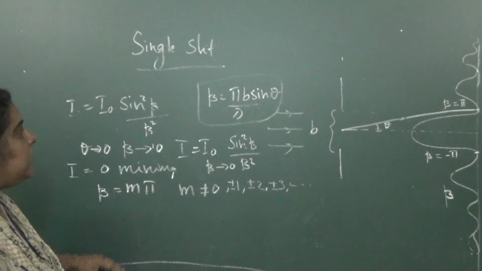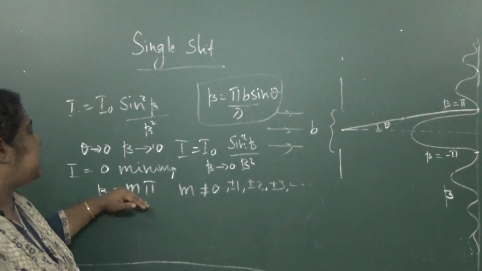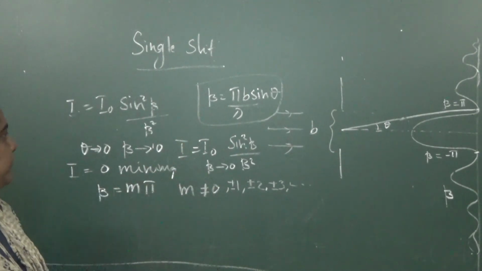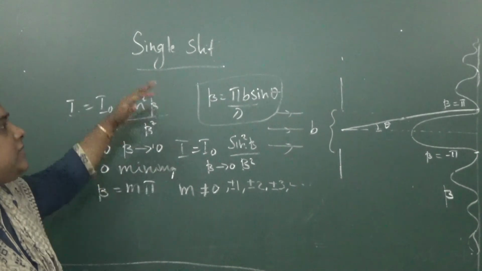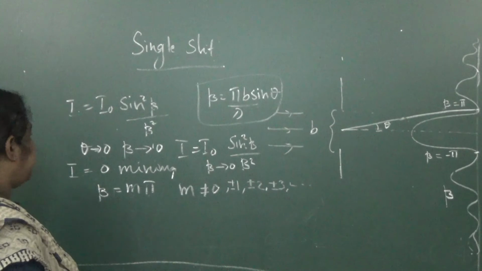So beta equal to plus pi and beta equal to minus pi are the first condition for the minimum. Then 2 pi, 3 pi, etc. will similarly give you minima.